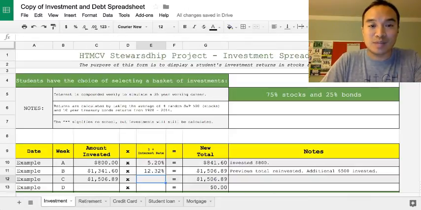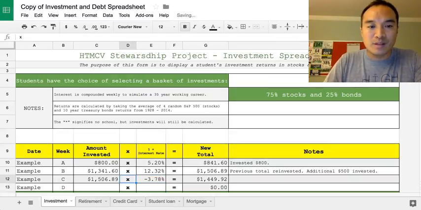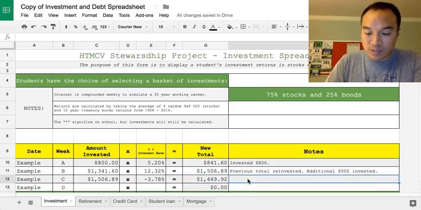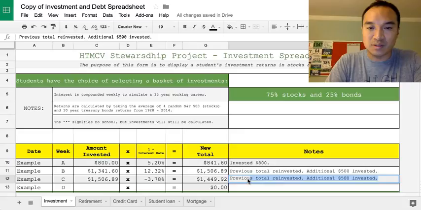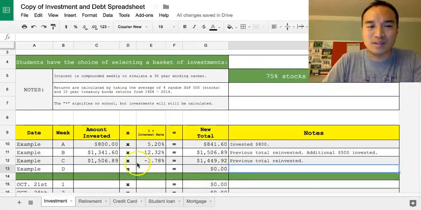So I'm going to type in negative 3.78, and then you see how the total went down. And again, we didn't do anything, but we still are going to write the previous total was reinvested. This just says, hey, we just left the money in there. That's just a fancy way of saying that.